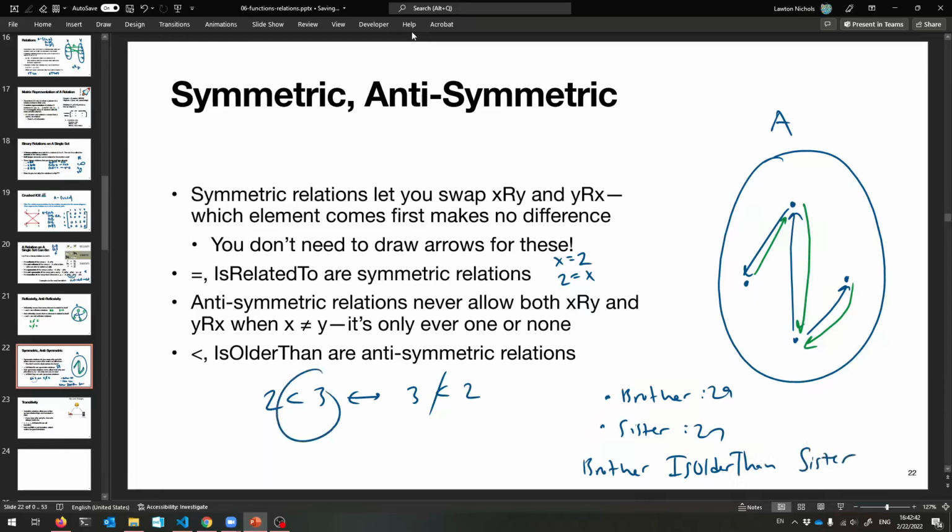It's technically less than all over again, isn't it? Or this is like greater than, kind of. So that is another anti-symmetric relation that comes up in real life. All right, so that is symmetricity, anti-symmetricity.